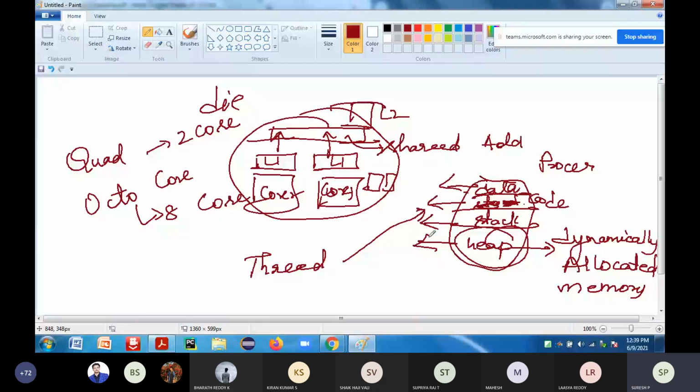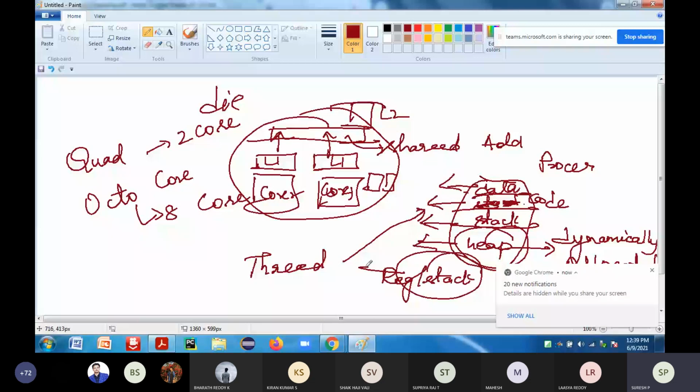It doesn't have the code and data segment. So if you take the threads, the stack, data and the register contents can be shared. That's what it is going to have here.